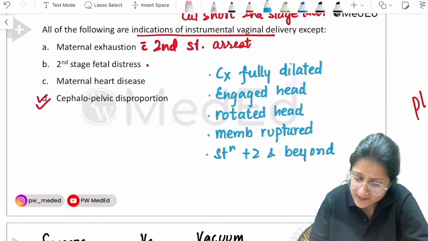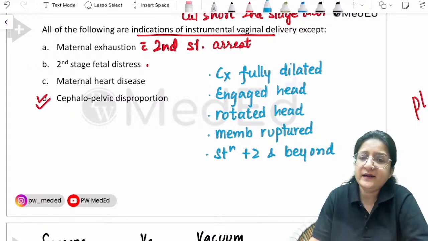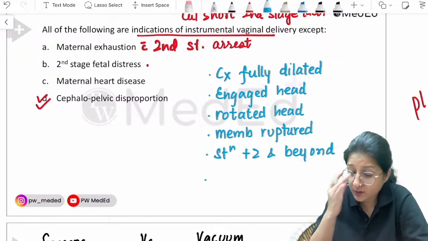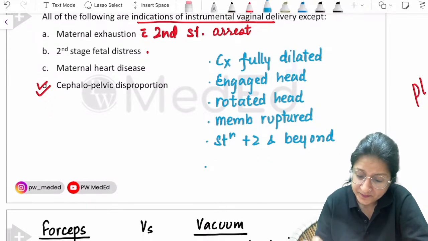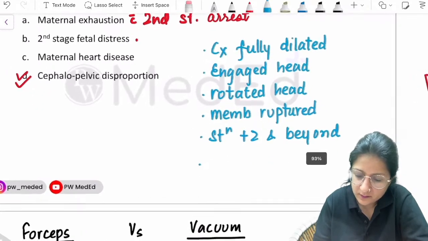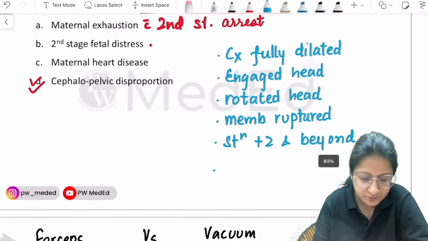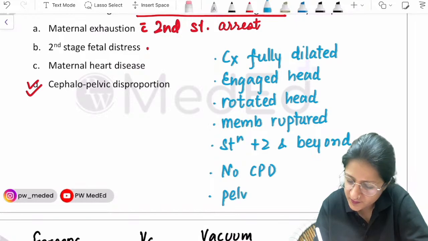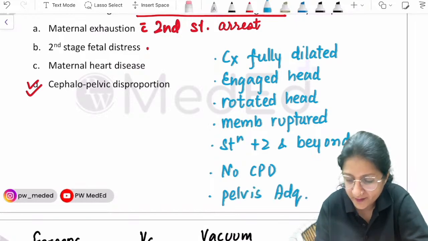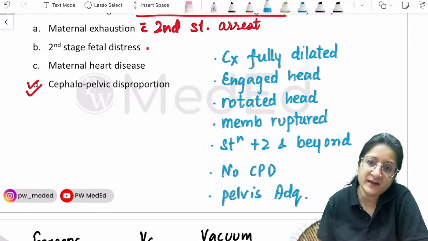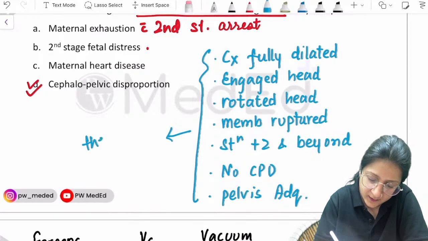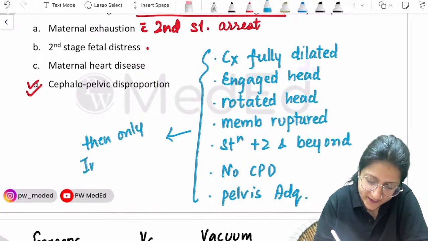So: cervix fully dilated, engaged head, rotated head, membranes ruptured, station +2 and beyond. And the last point: there should be no CPD and the pelvis should be adequate. Then only do we apply instrumental vaginal delivery.